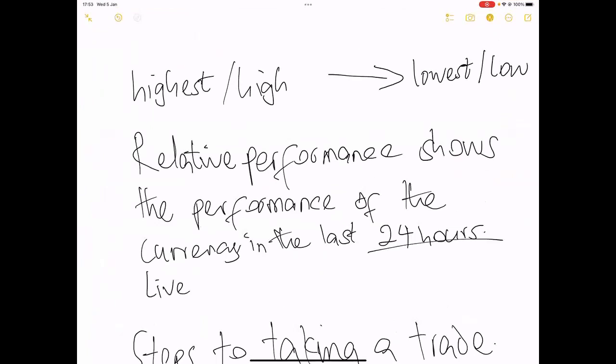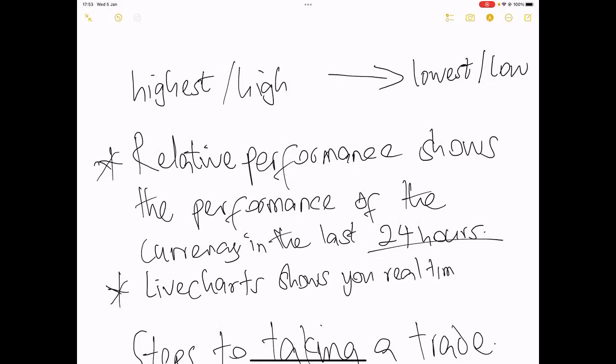Live charts show you the real-time strength of the currency.